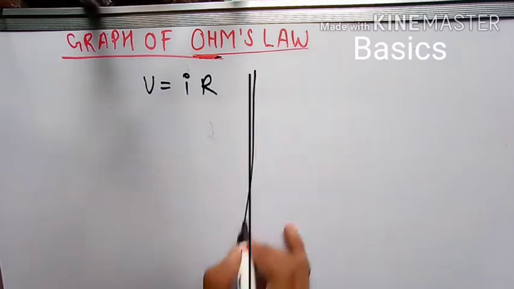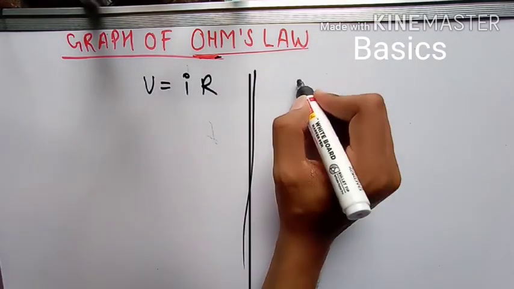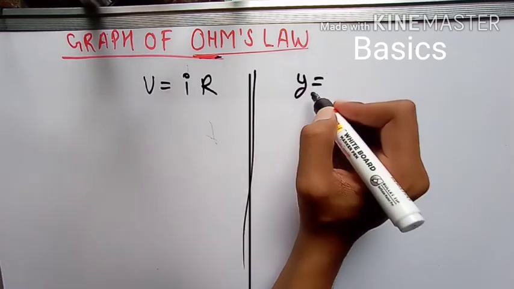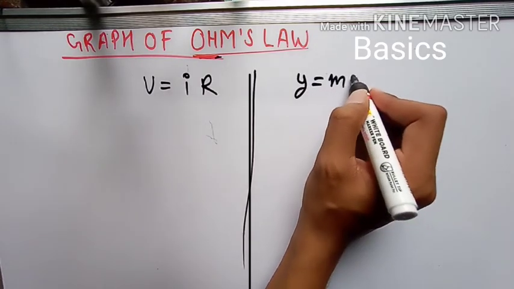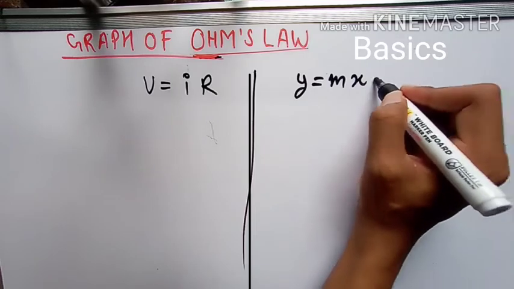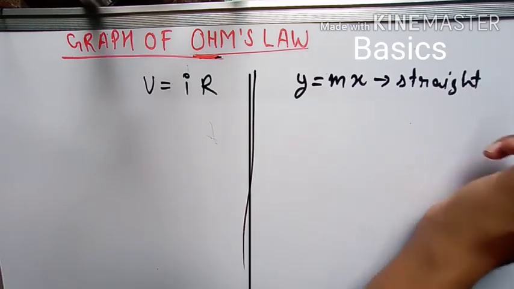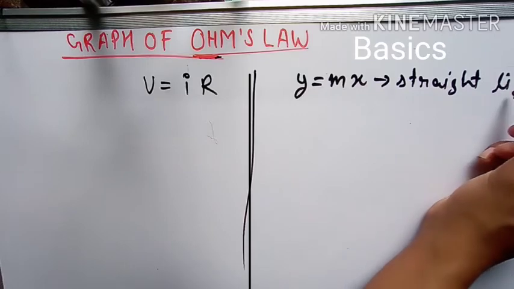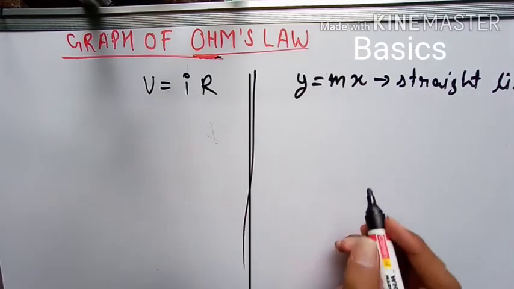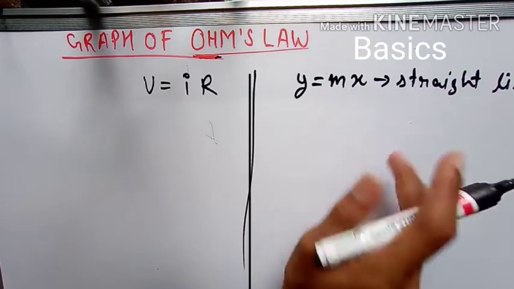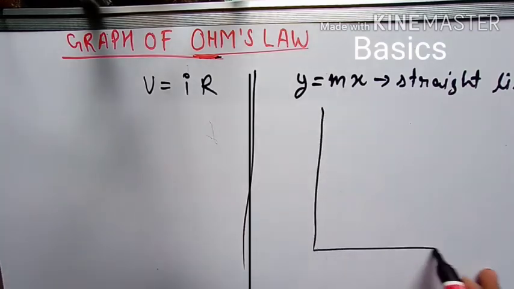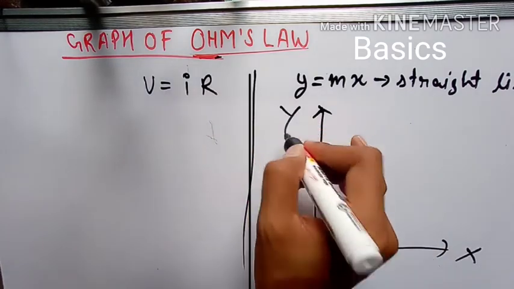Now let me tell you some basics of the graph. Suppose that you have an equation in the form of y is equal to m into x. Okay, so this represents a straight line. This is the equation of a straight line, and to draw this equation you have to choose proper x and y axes. So this is the x axis and this is the y axis.